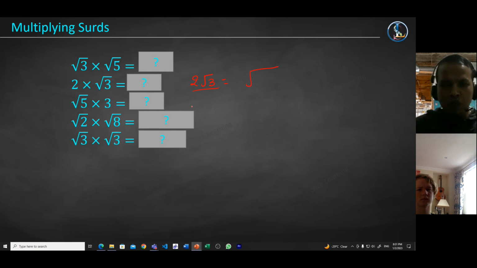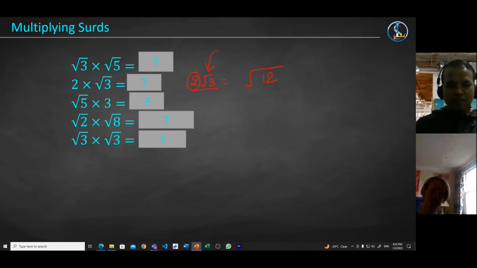Okay, so far it's correct, but I'm asking you to write it in the form of surds. As you know, 2 is the square root of 4, right? So 4 times 3 will be written inside, 12. Oh, I see how you got there. Okay, yeah, that's right.